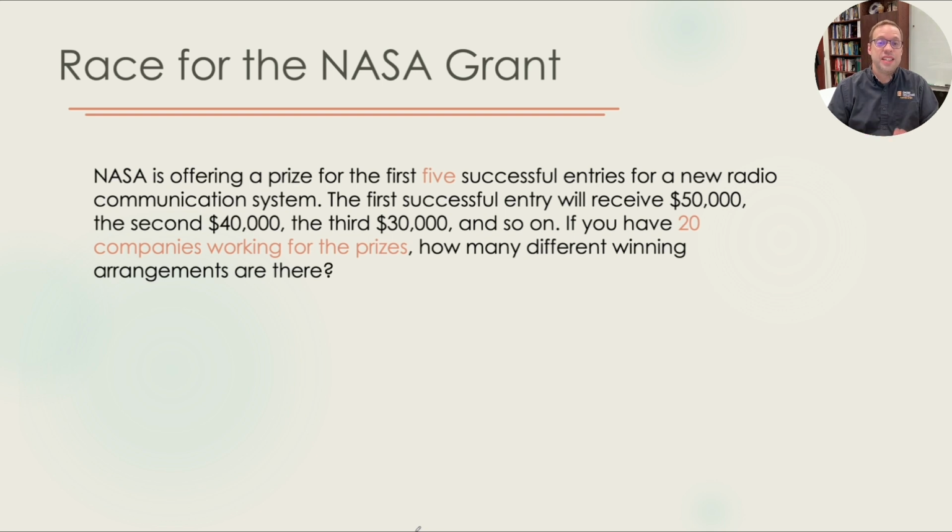The fourth will receive $20,000, and the fifth will receive $10,000. Now, if you have 20 companies that are working towards getting this prize, they submit applications, they make entries. How many different ways can these 20 companies be sorted? How many ways can these 20 companies win these first 5 successful entries?